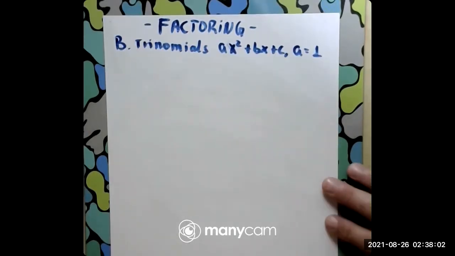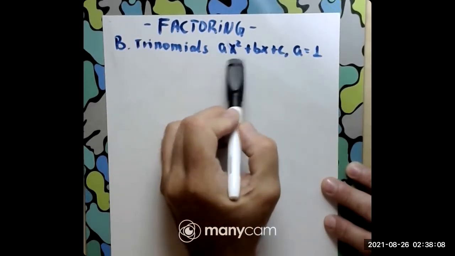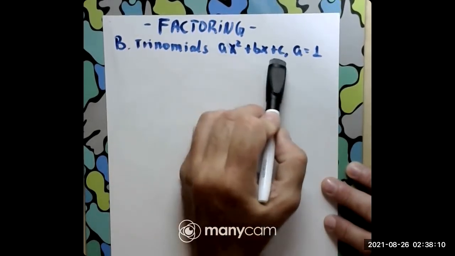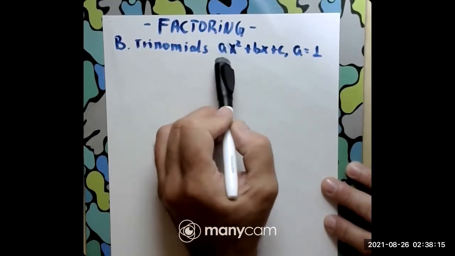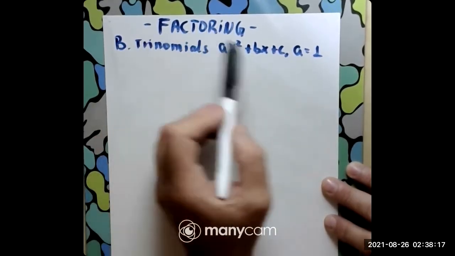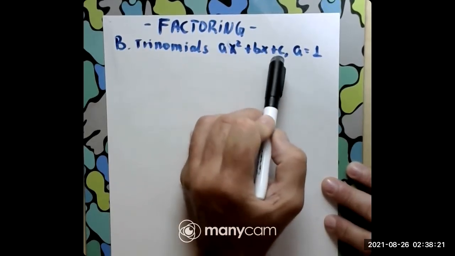Let's go ahead now and try factoring trinomials. Trinomial, namely 3 terms of the form ax squared plus bx plus c. Let's get familiar with this all the time. Ax squared, a is the coefficient of the square. B is the middle term, the x to the 1, and c is the number by itself, the constant.